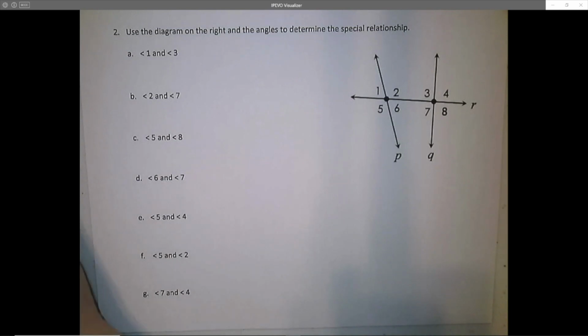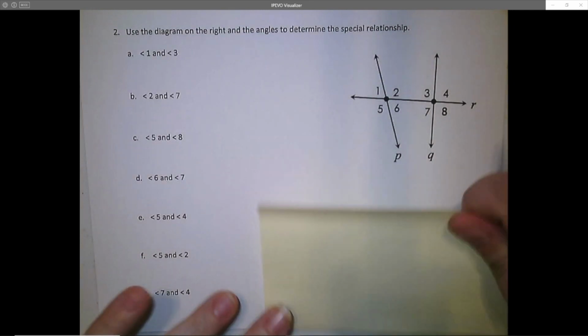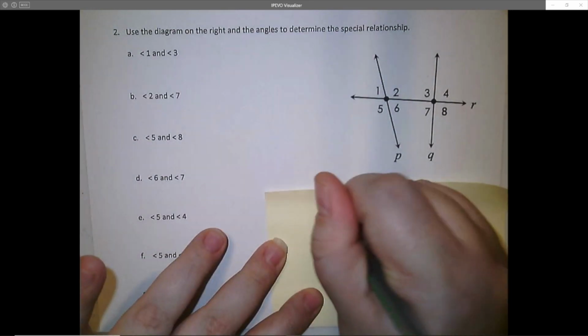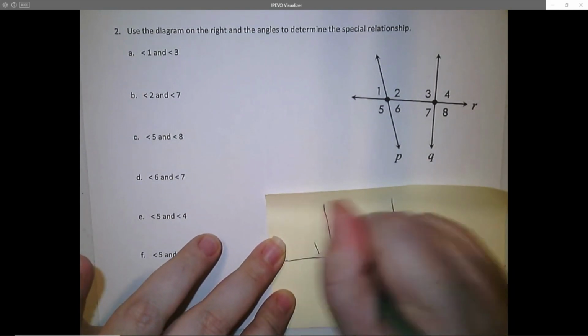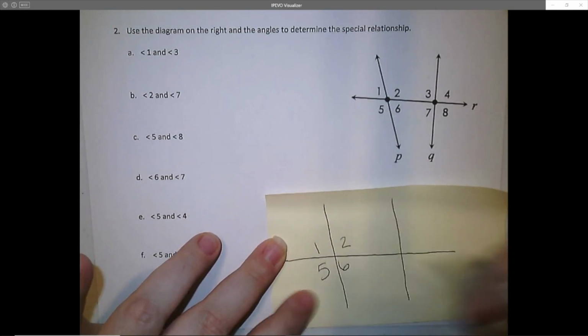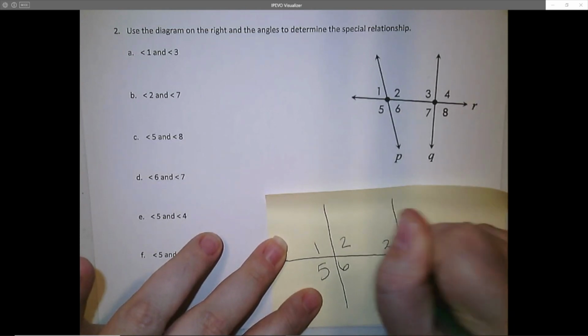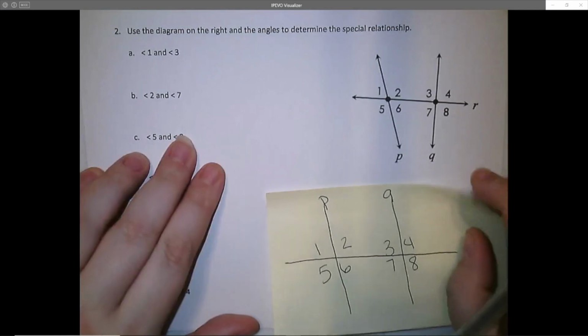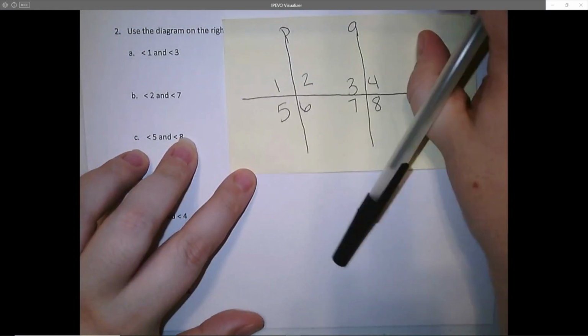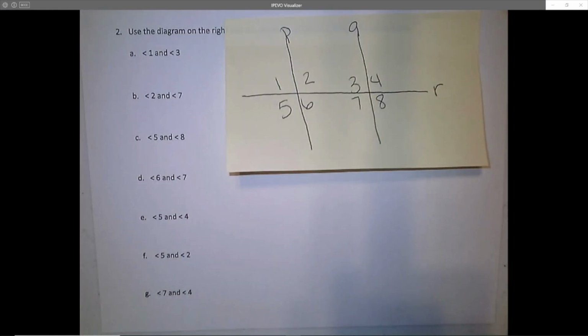Or sometimes what I like to do is have the same drawing for each problem. So when I go to a problem, sometimes I will redraw each one so that I can highlight and mark. Okay, so I have R, P, and Q. This is my diagram and I redrew it so I can work with it.